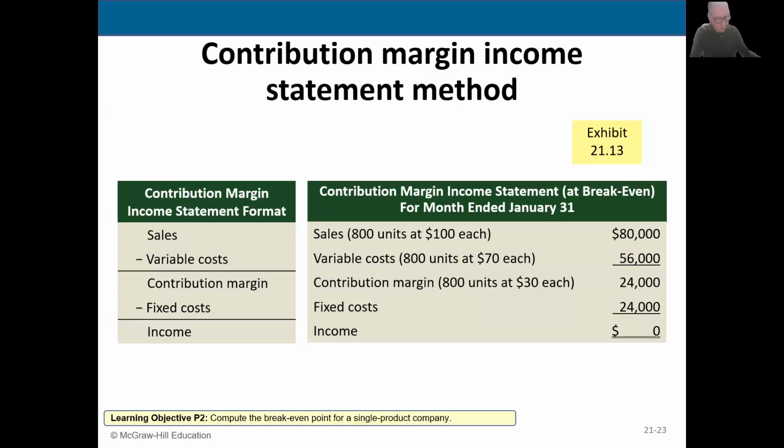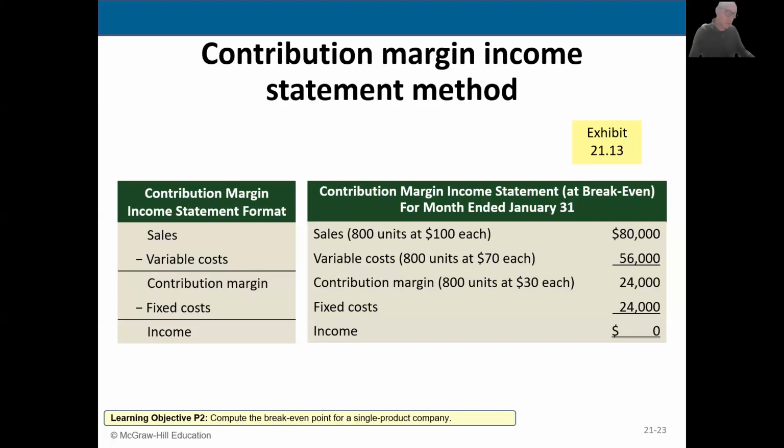Also known as number of units times contribution margin. My fixed costs are also 24,000. So 24,000 minus fixed cost 24,000 equals zero, right?